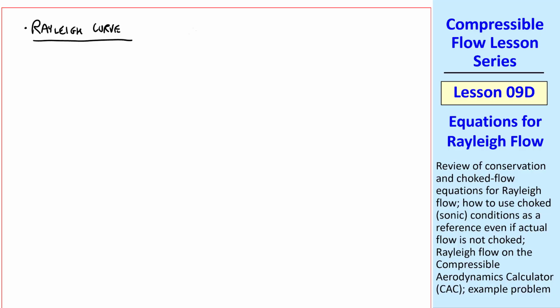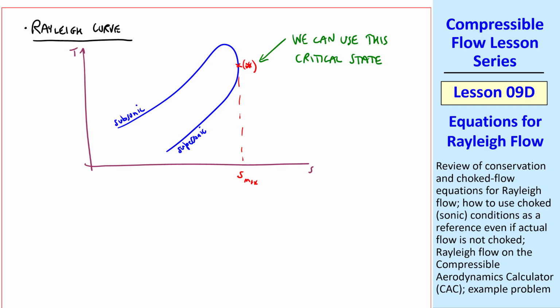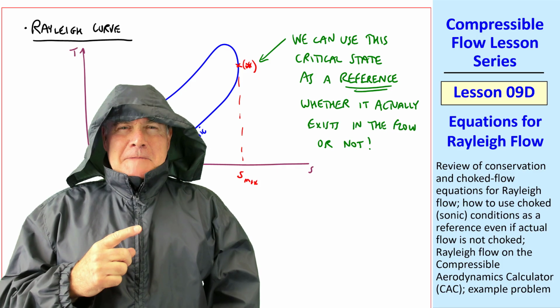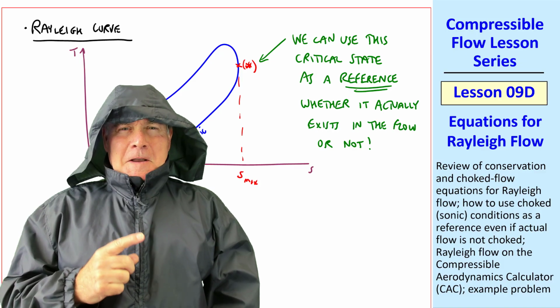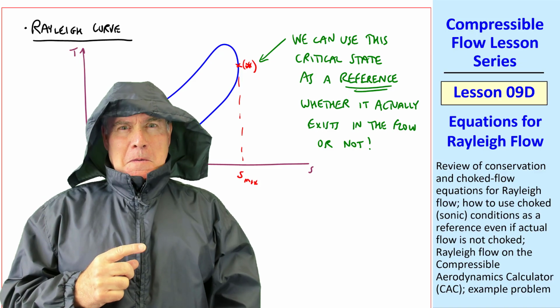I'll resketch the Rayleigh curve, with the 2 branches and the sonic or critical conditions at maximum entropy. And I comment here that we can use this critical state as a reference whether it actually exists in the flow or not.